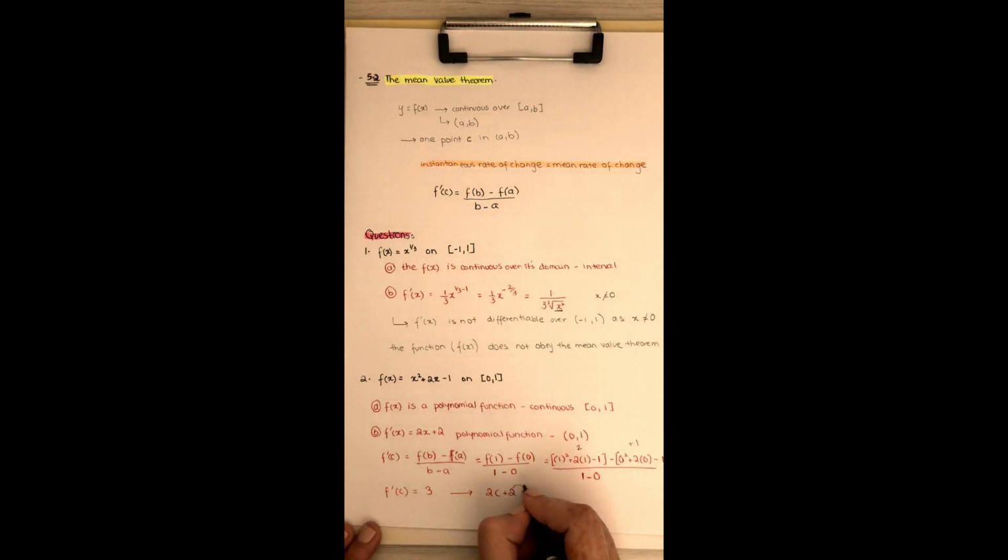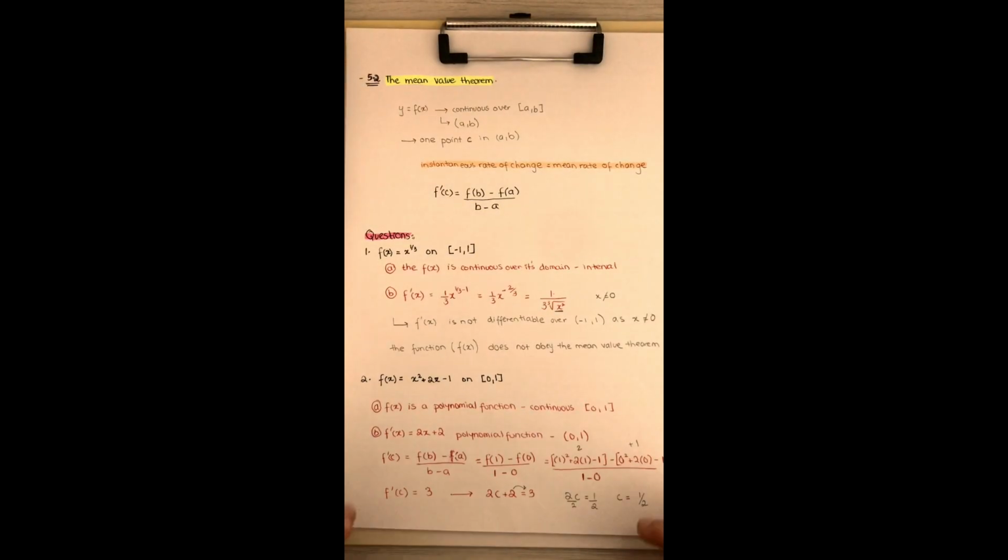I take the 2 across and solve: 2c equals 3 minus 2, which is 1, divided by 2, so c is one half. So c is the midpoint that exists in the interval of 0 and 1.